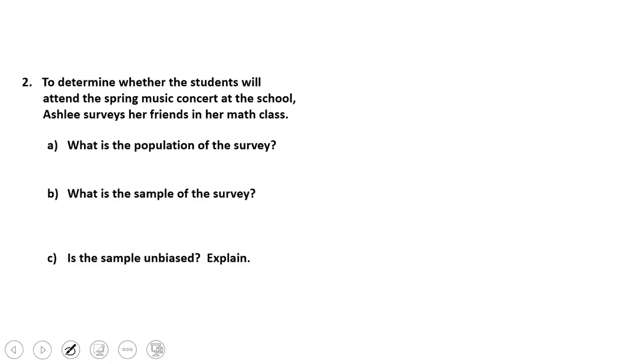To determine whether the students will attend a spring music concert at the school, Ashley surveys her friends in her math class. So what is the population now? Is it the math class? No, it's the school. It's all students at the school, right? And the sample of that would be what?